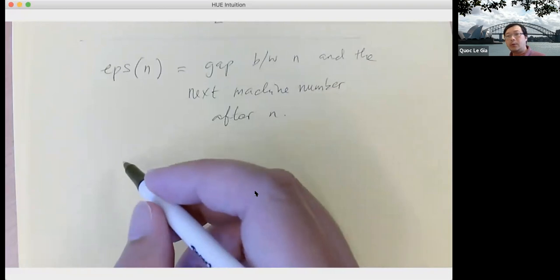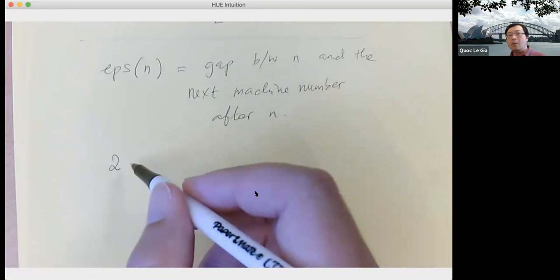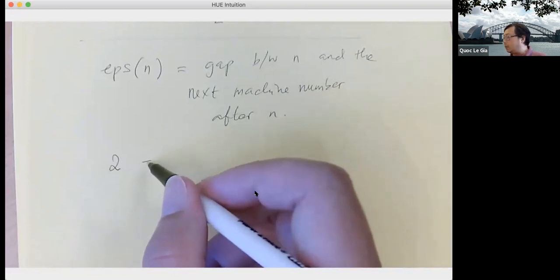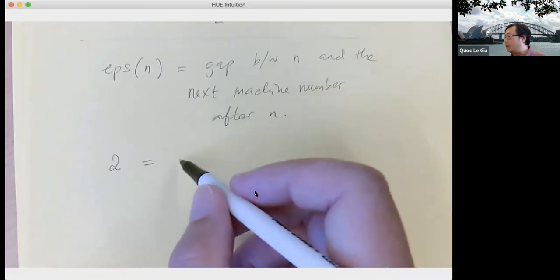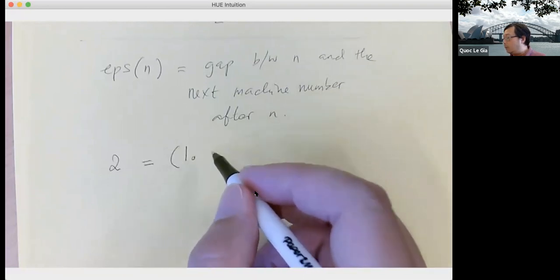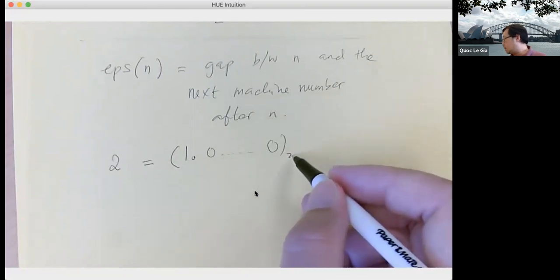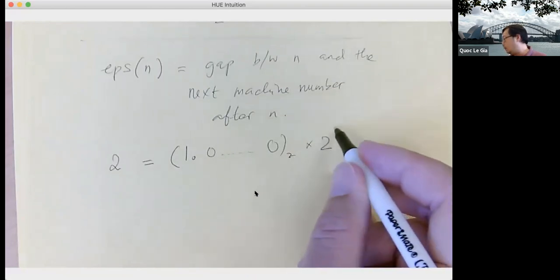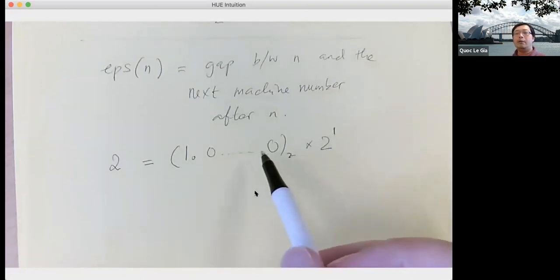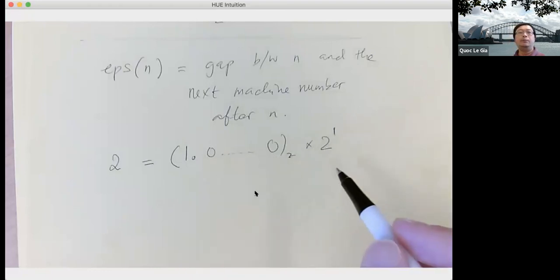So now suppose I have 2. What is epsilon of 2? We do it step by step. We expand 2 in binary, in terms of a floating point number system. So you get 1.0000 in binary times 2 to the 1. This is the normalized floating point representation of the number 2.